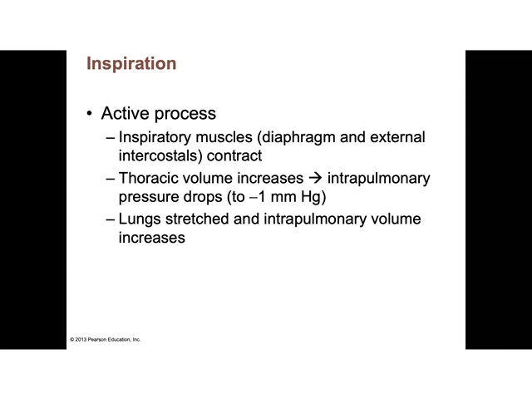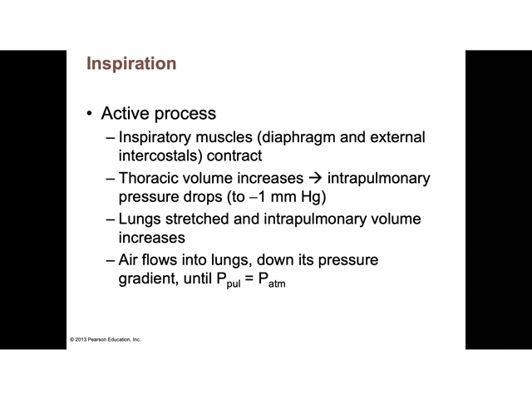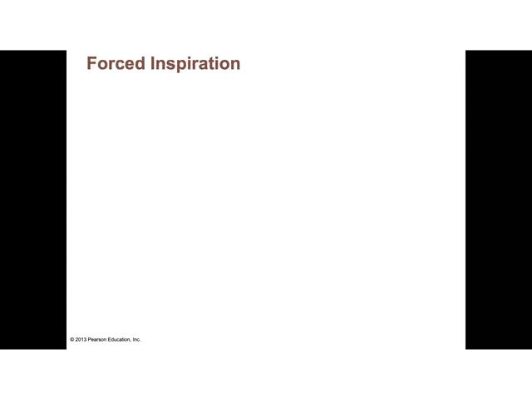Inspiration is an active process that involves the diaphragm, and under forced inspiration, it also involves the sternocleidomastoid, the scalenes, the external intercostals, okay, and the pec minor, okay, which will flare and expand the thoracic cavity outward, okay. Air will flow into the lungs down its pressure gradient until pulmonary pressure and atmospheric pressure are the same, and at that point, net movement stops.